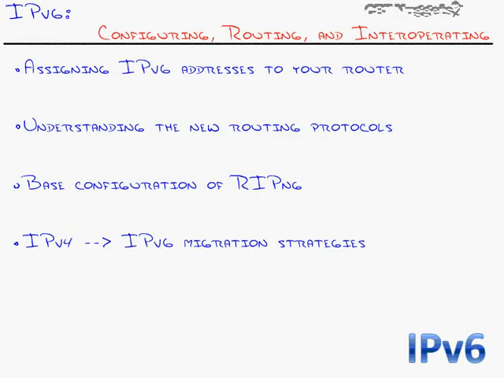That should give you a really good idea of IP version 6, what it is, and where we're going with it. So let's review. We talked about assigning IPv6 addresses to your router. Very similar to IPv4, we just type in IPv6 followed by that address. It's getting used to those addresses that's going to take the time.